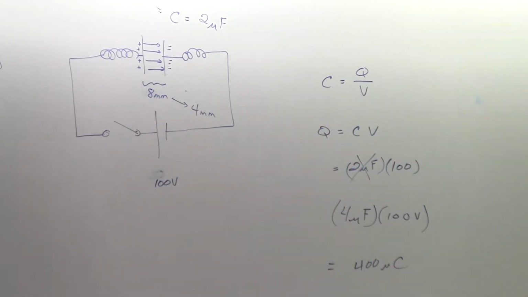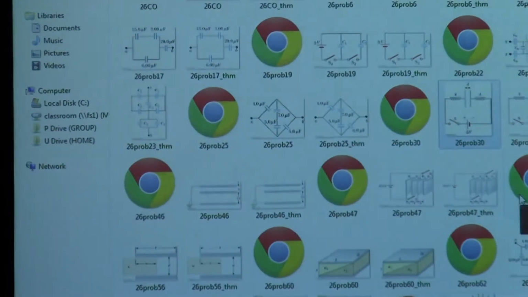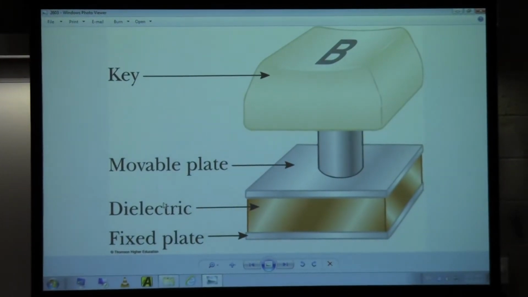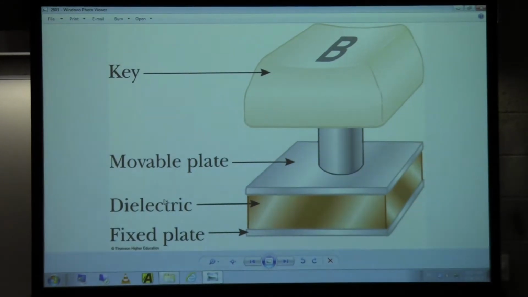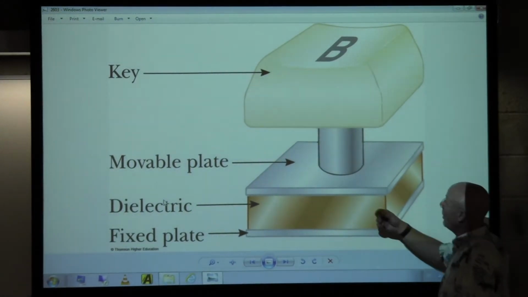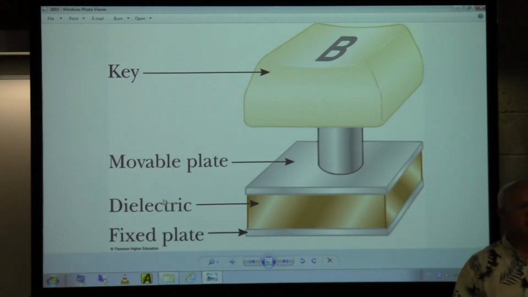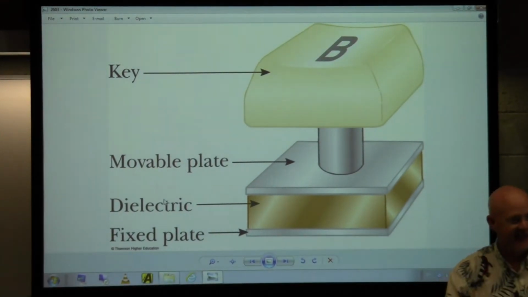And I thought I would take this as a great opportunity to point out another application of capacitors. If I show you a picture from your book, your author does a good job of showing you the inner workings of a keyboard. They happen to show the letter B, but what happens when you push down on the letter B? How does the computer know you've pushed on the letter B?